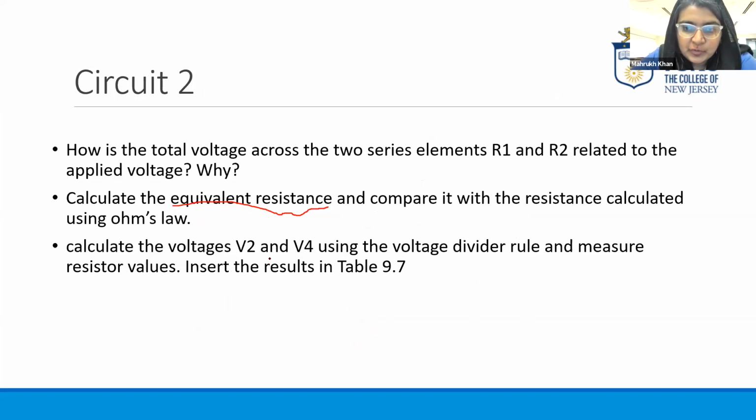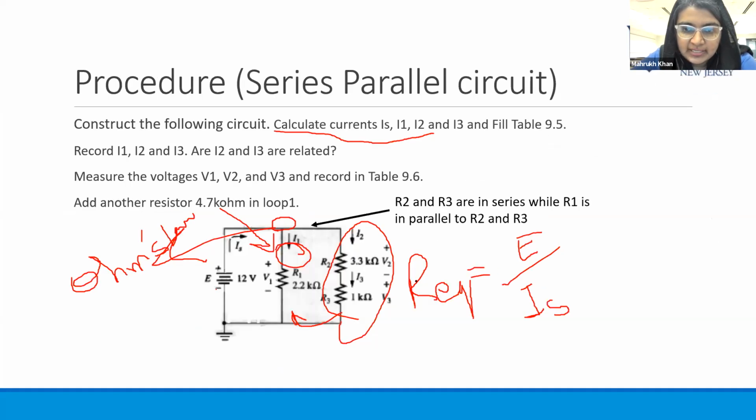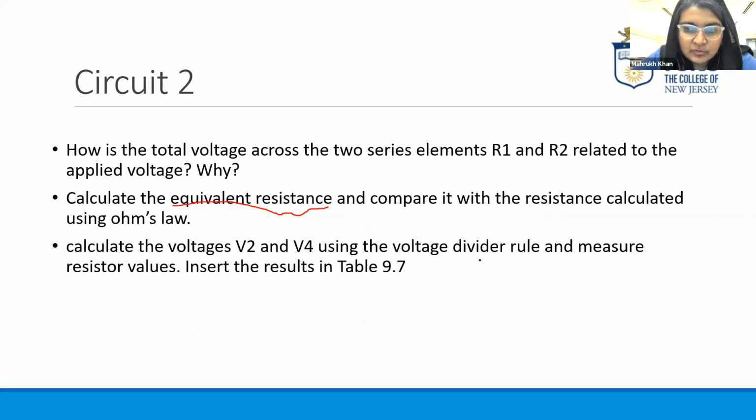Then calculate the voltage V2 and V4. So this is your V2, and then you will have V4 here after adding the resistance. Using the voltage divider. This is not the voltage divider rule. I think this is talking about V2 and V3 here.